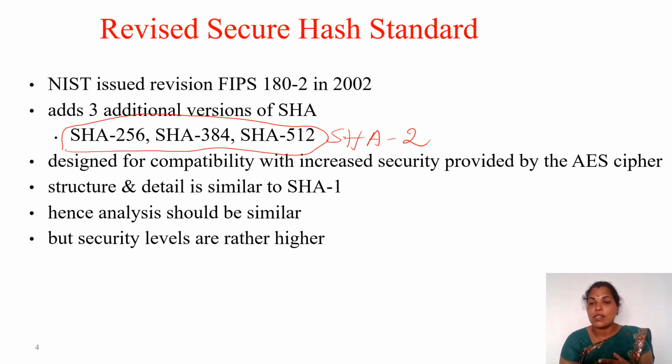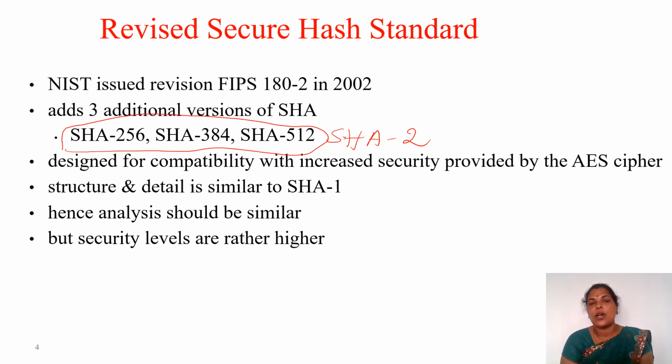The users of SHA-0 found some difficulty or disadvantages in SHA-0, so NIST planned to revise SHA-0 and it was named SHA-1. Later, in 2002, they found some disadvantages in SHA-1, and in order to overcome that, NIST decided to revise SHA-1 and came out with SHA-2.